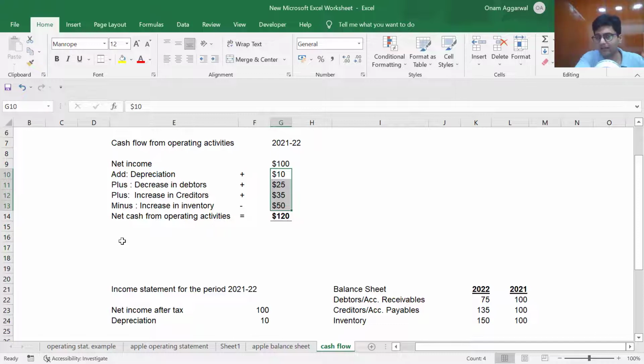If the current liabilities have increased, that means I have deferred my payment to the future and thus it results in an increase in cash flow. And if I have paid my current liabilities, that means I have reduced the cash in the business and this resulted in a decrease in cash flow. So this is how you calculate cash flow from operating activities.